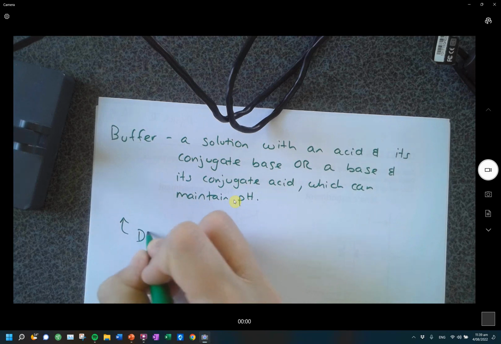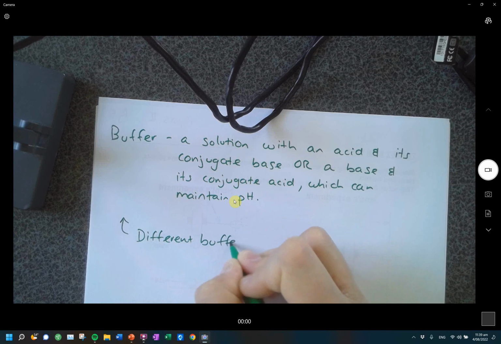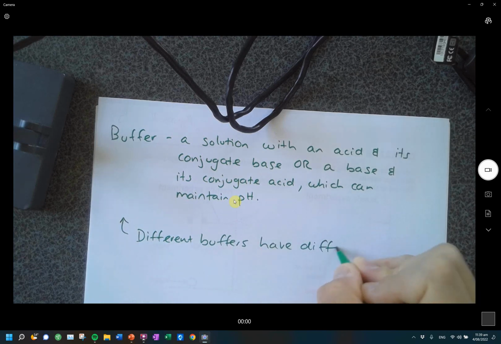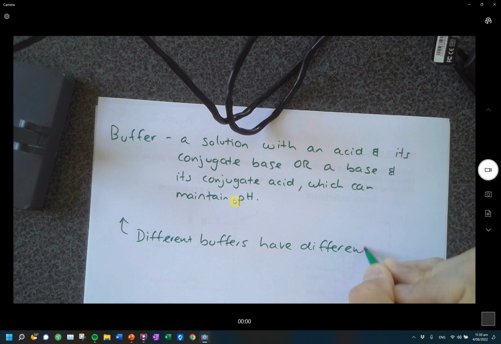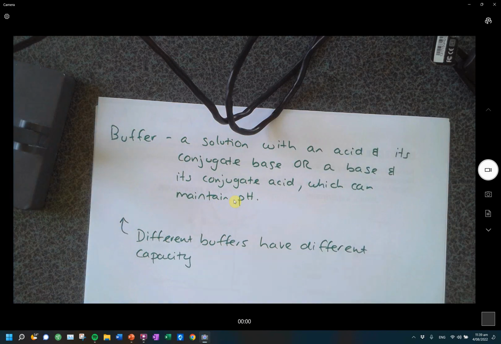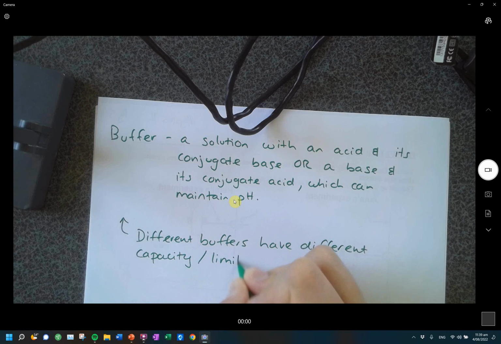Different buffers have different capacity. When I say capacity, it's like when you think about whether a room has capacity: how much can it take before the pH changes by 1? We could also look at it as limitations.